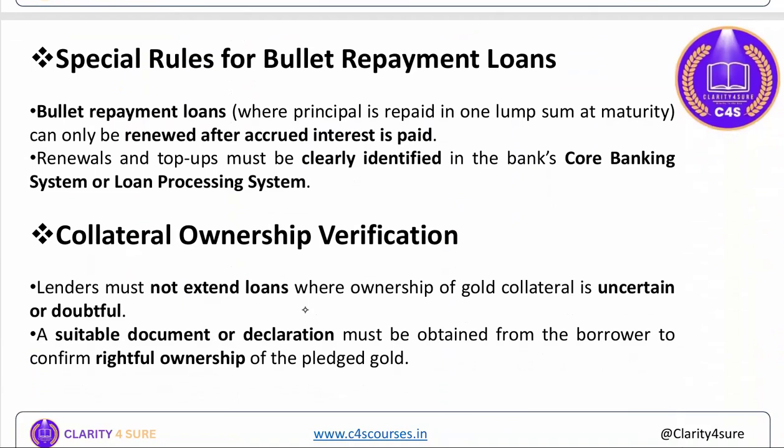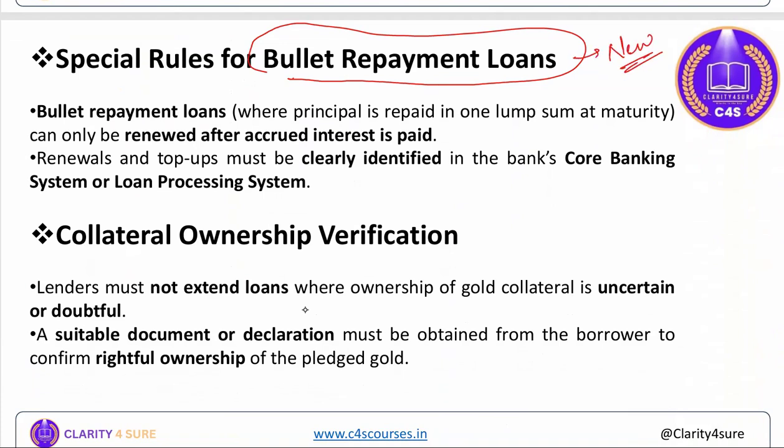Special rules for bullet repayment loans. What is this bullet repayment? See, a new term has arrived, a new term is being discussed over here. Bullet repayment means one-time payment. Suppose a borrower is putting his gold of rupees 3 lakhs, and the lender is providing him money at 80%, means 2.4 lakh.